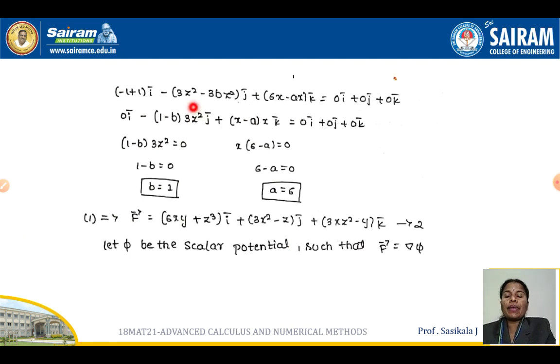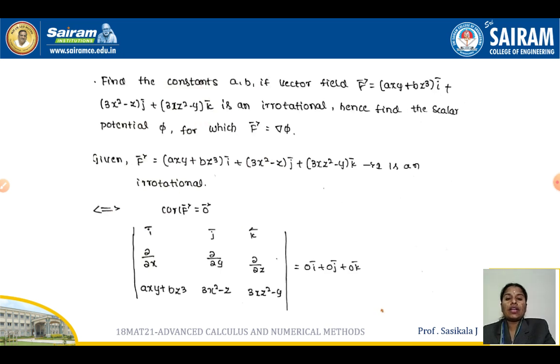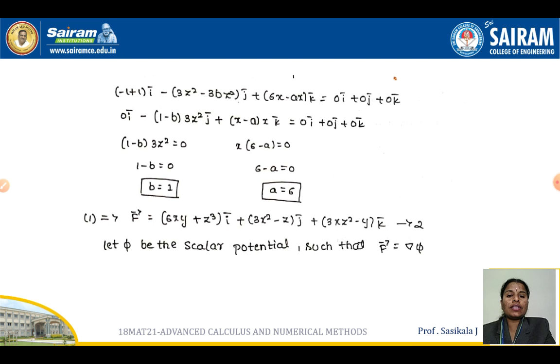I can get the term minus of 3z squared minus 3b z squared j vector. And the next one, the k vector: dou by dou x of 3x squared minus z, so I'll get 6x minus, with respect to y here, minus ax, and then this term will go 0. So that is what is written here, 6x minus ax into k vector.